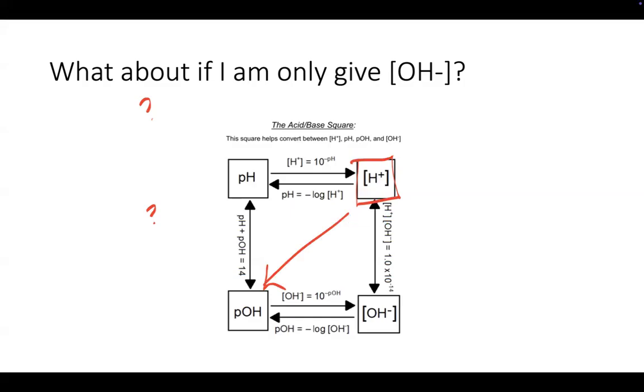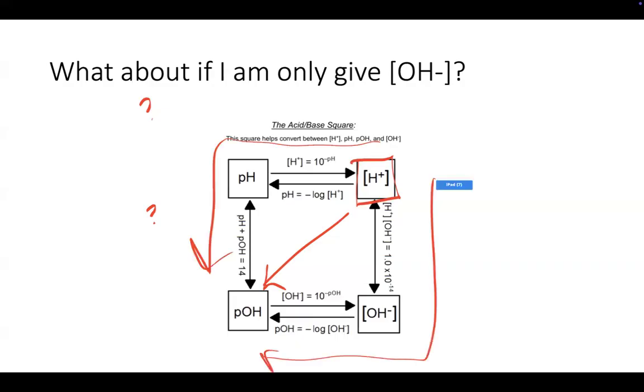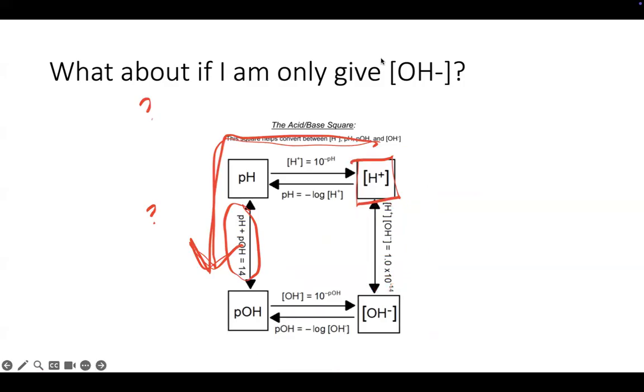I either have to go this way or this way. I usually prefer to go this way, whatever way includes this pH plus pOH equals 14, because it's just mathematically a little bit easier to do, a little bit simpler, less room for error. If I went this way, I have to use the Kw formula, and that one has more room for error. So I'm going to go this way.